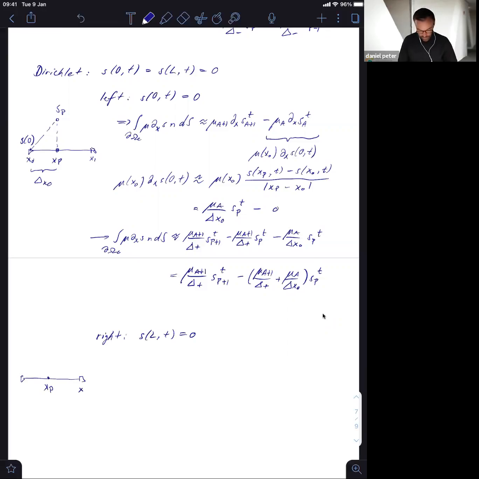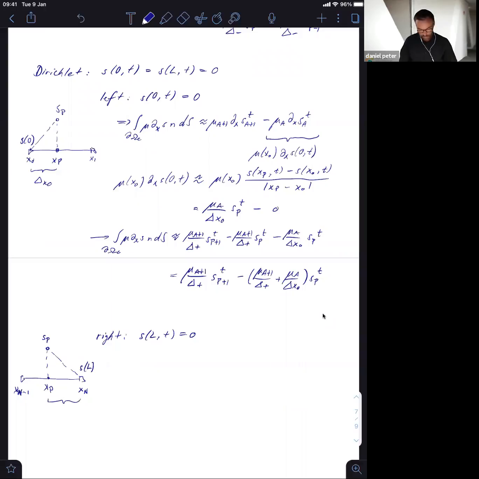We would have, let's say, xn, and then here xa, or n minus 1. We have the displacement at the centroid and also the displacement at the boundary that we're going to impose here.